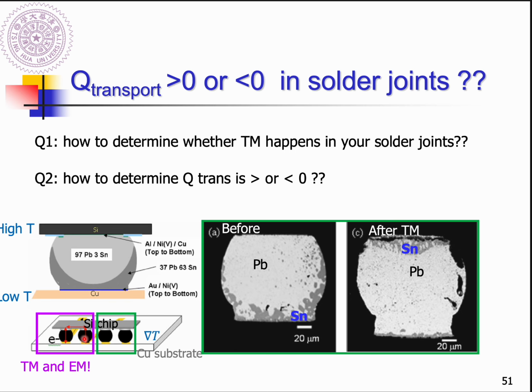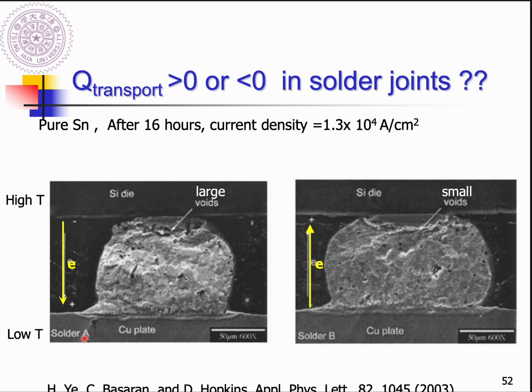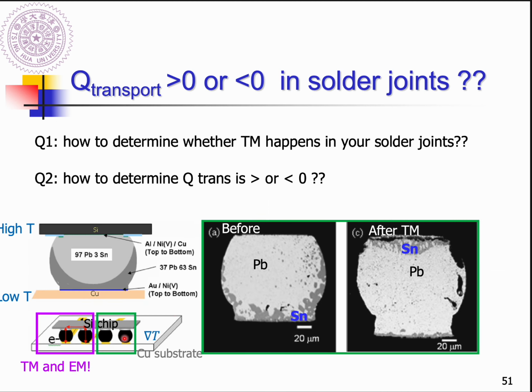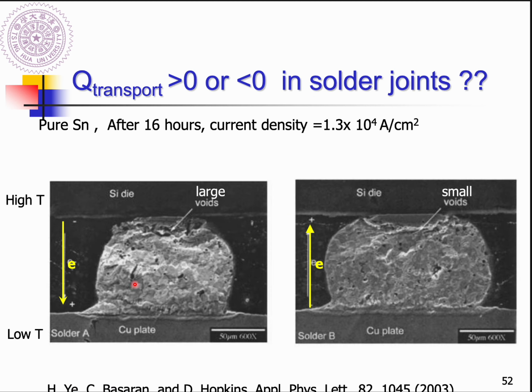Okay, so let me give you an example here. We have a solder bond bonding the silicon substrate and the copper substrate, and there's a current passing through this solder bond. Due to this current, it will generate a temperature gradient co-applied on this solder bond.